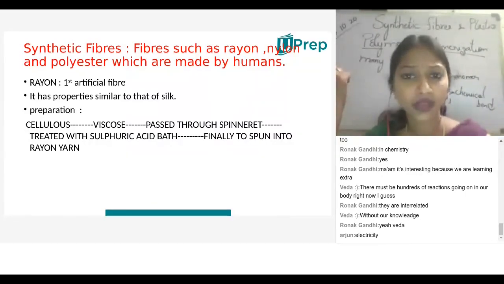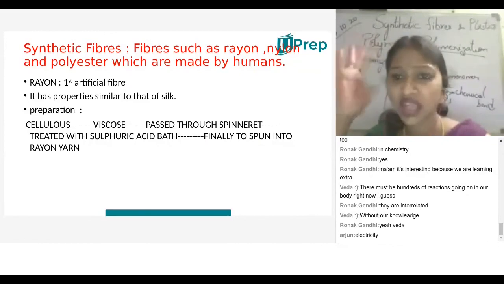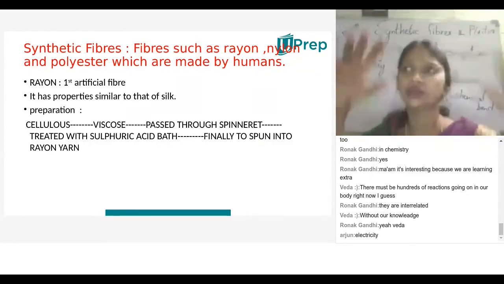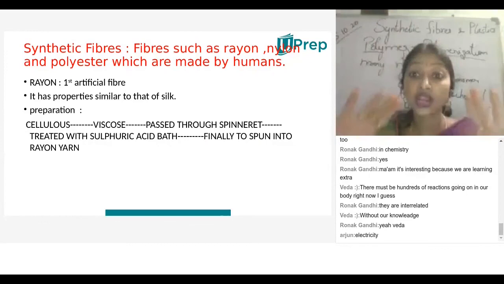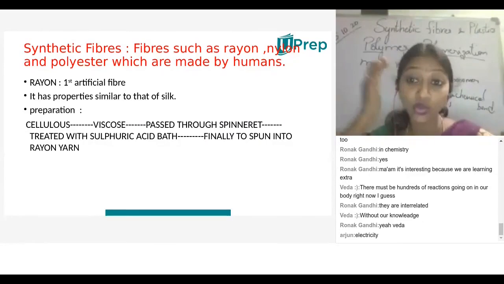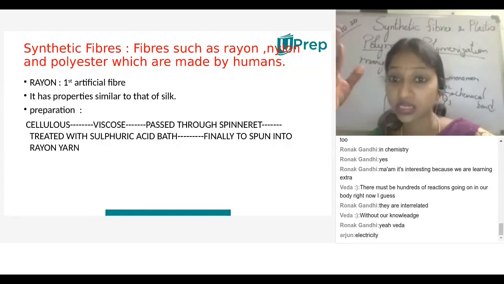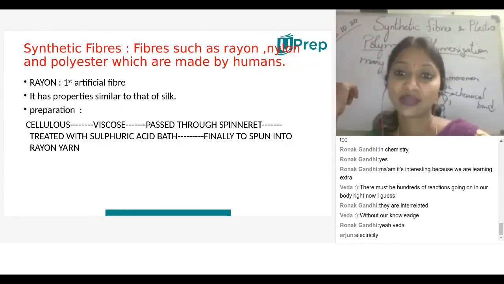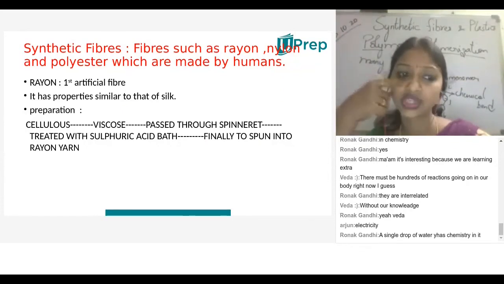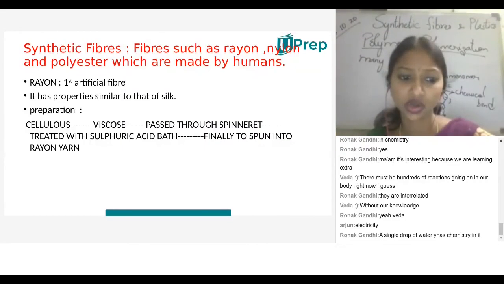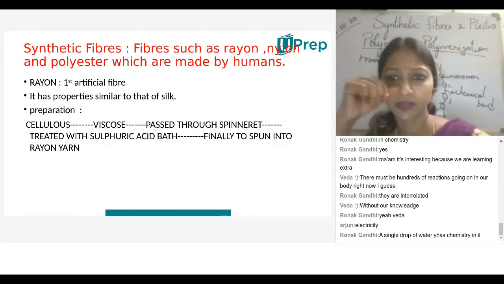So nowhere can we say that chemistry is not present here or there. Chemistry is everywhere. We need to identify, recognize. Even how we are breathing oxygen, the molecular formula, structures. Yes, electricity, Arjun. Chemistry is related to technology. A single drop of water, chemistry is in it. Chemistry is all over.